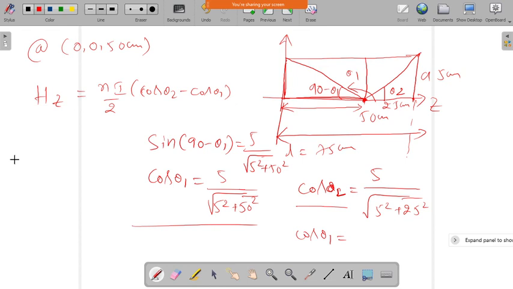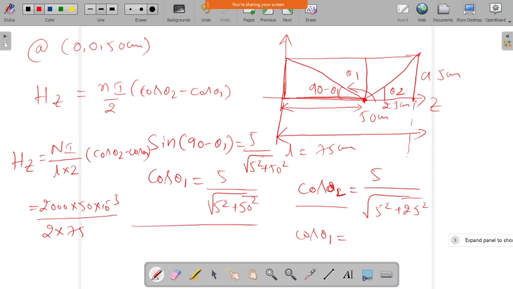Substitute the values, you will get Hz. Hz is equal to n into I divided by L into 2 into cos theta 2 minus cos theta 1. So 2000 into 50 into 10 power minus 3, divided by 2 into 75 into 10 power minus 2 into these values. So what is the cos theta 1 value and cos theta 2 value?